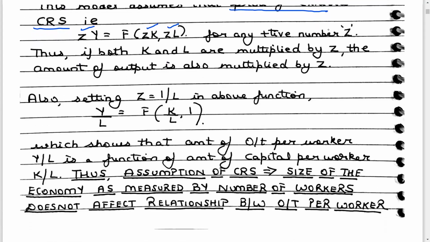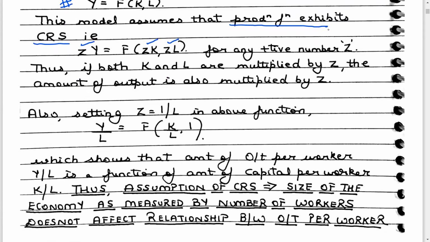Since the production function has constant returns to scale, we have learned in the homogeneity and homotheticity lectures of mathematical methods for economics that it is homogeneous of degree 1. What does this mean?